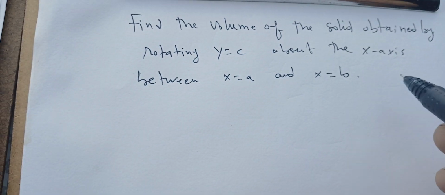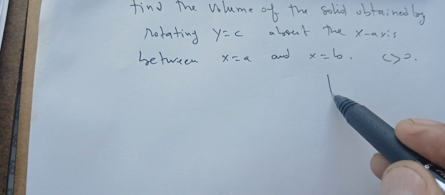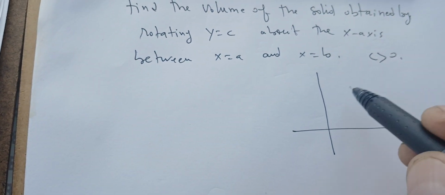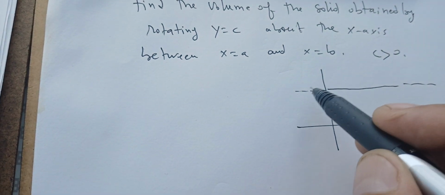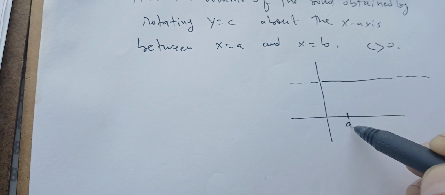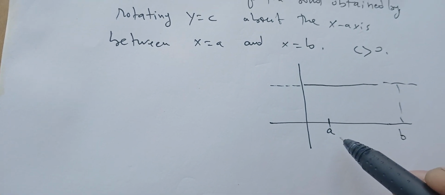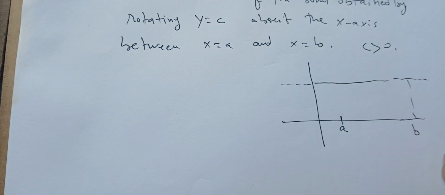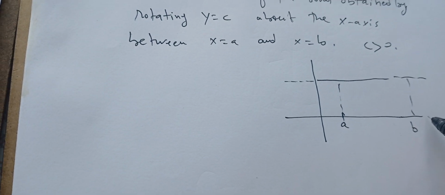We can assume that c is positive, and we can make a drawing here. So this is our c, and x is going to be between a and b. We assume that both a and b are positive for the clarity of this problem.